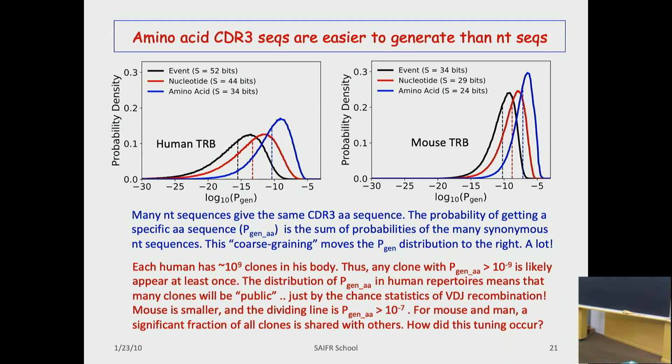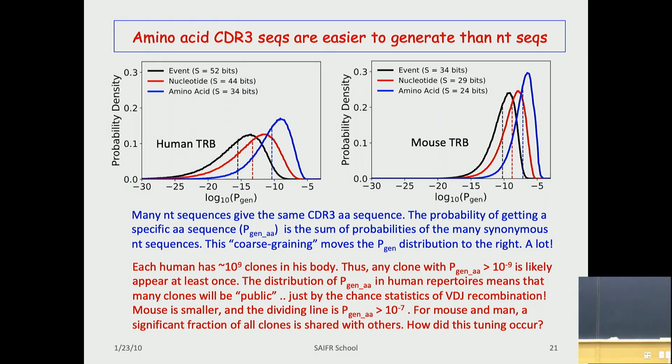So it's the primitive generation probability, not of a specific nucleotide sequence, but of a specific amino acid sequence, okay? I haven't yet worried about, given that I've got this amino acid sequence produced at the stem cell level, what happens as it passes through the thymus. I haven't talked about that yet. But, in order to be presented to the thymus, I have to be generated, okay?